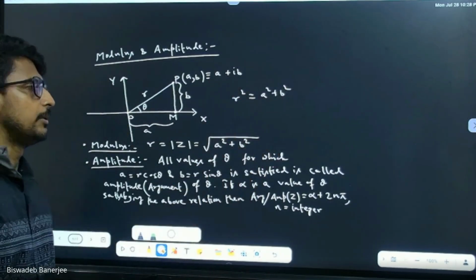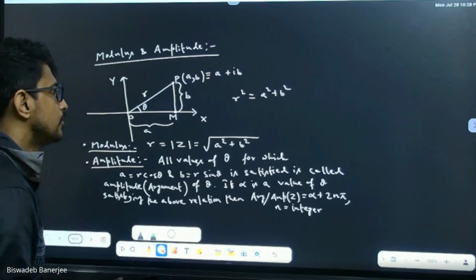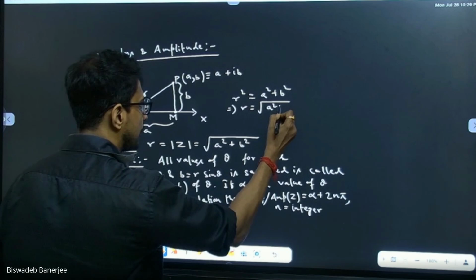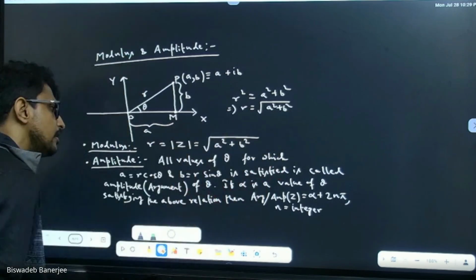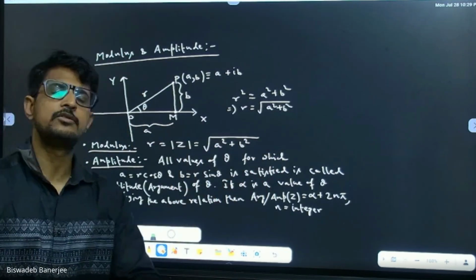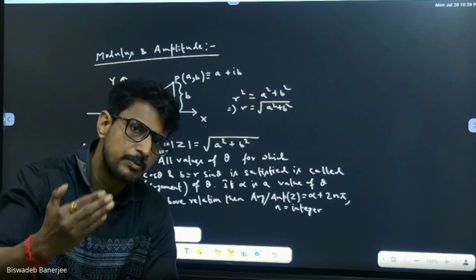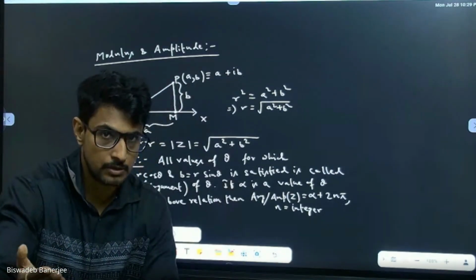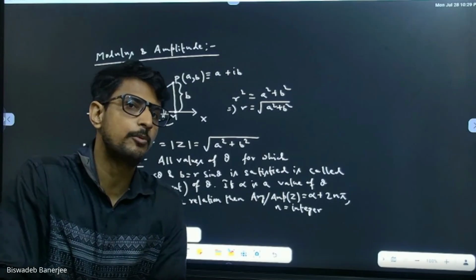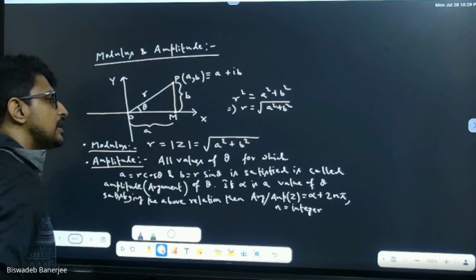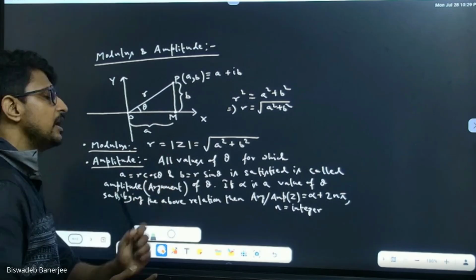So my r will be root of a square plus b square, as given here. So r is equal to mod z, which is basically the distance between the origin and the point. So what is the geometric interpretation of modulus? Modulus means the distance between the origin and the point P. It is denoted by mod z.